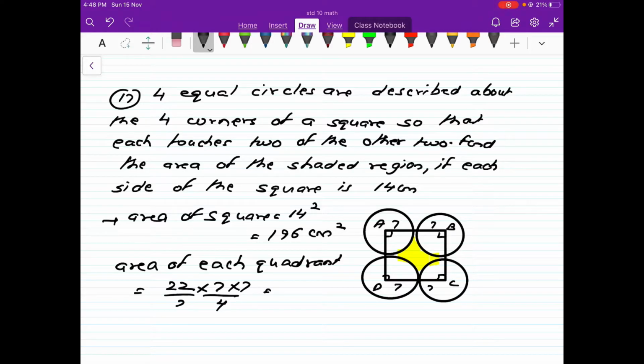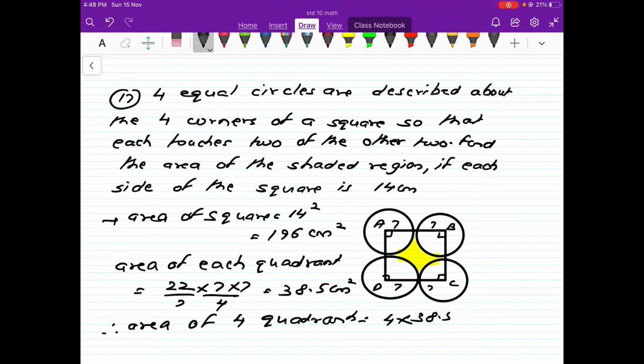So we are getting 38.5 centimeters square, but there are 4 quadrants. So therefore the area of 4 quadrants is 4 into 38.5, which comes to 154 centimeters square.